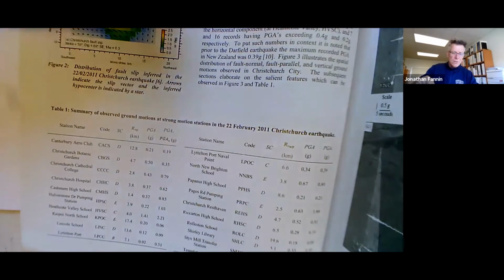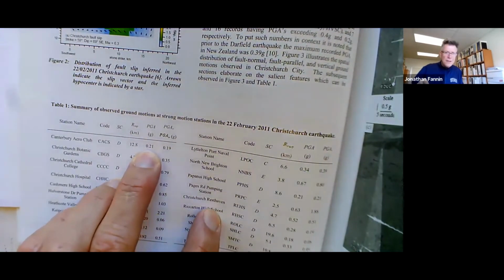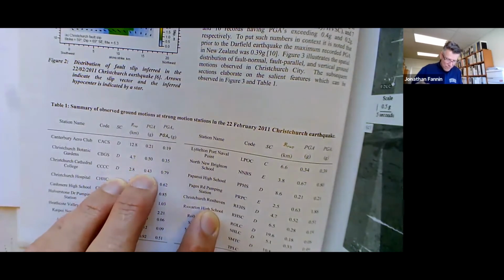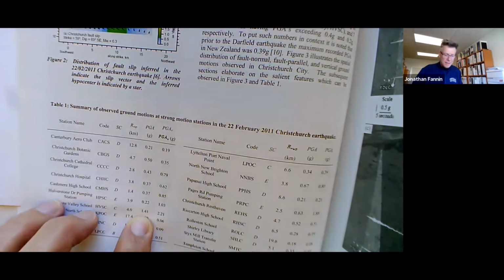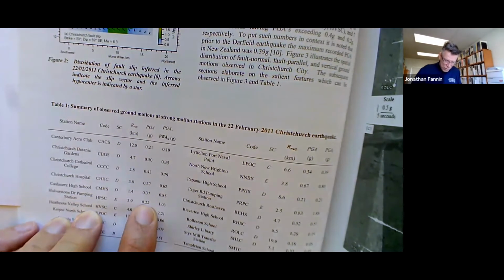This is the point I wanted to make for you. You've got peak ground accelerations of 0.21, 0.5, 0.43, 0.37, 1.4 at Heathcote Valley School, an enormous ground acceleration, 0.22.